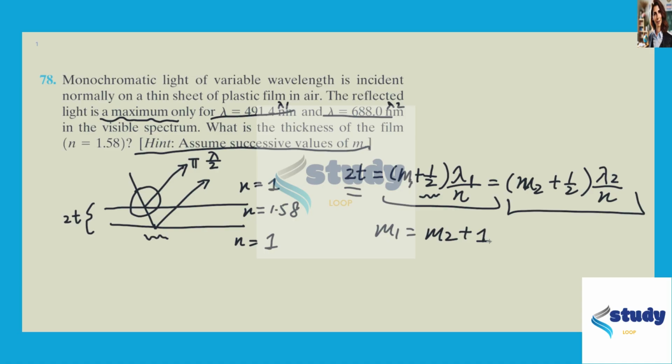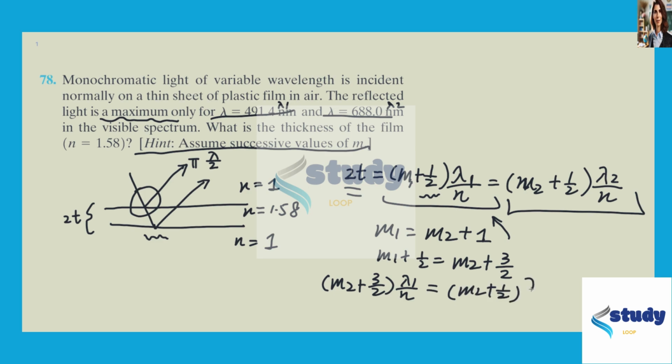Then I can say m1 plus 1/2 is equal to m2 plus 3/2. If I plug that into this equation, what I get is m2 plus 3/2 times lambda 1 over n equals m2 plus 1/2 times lambda 2 over n.